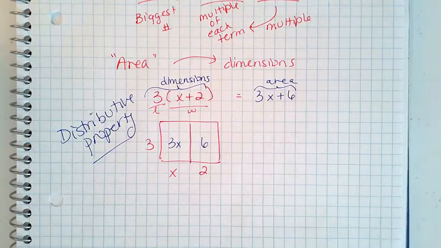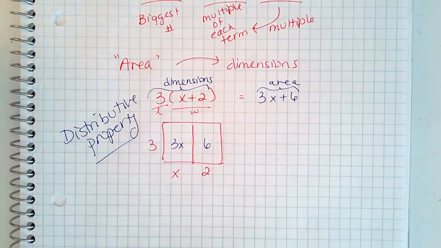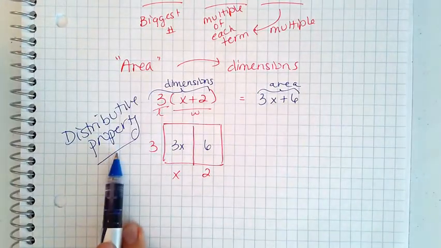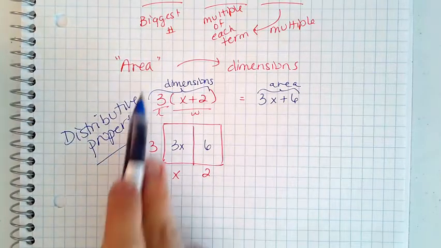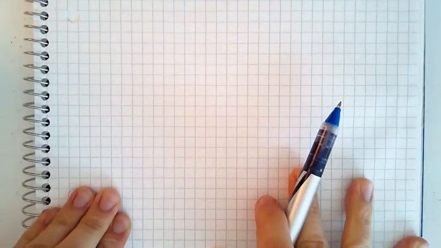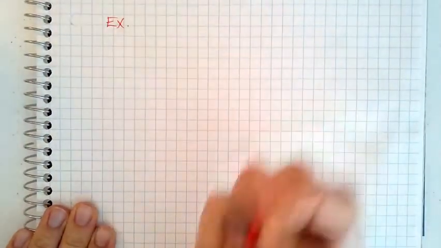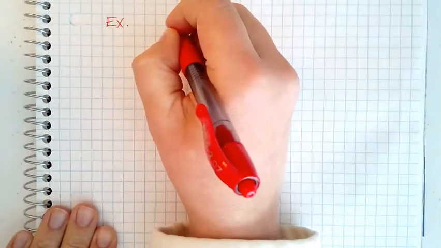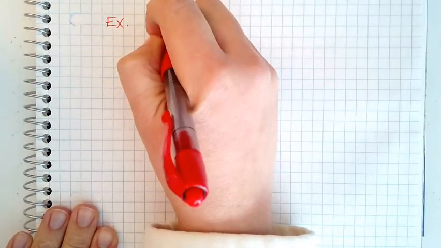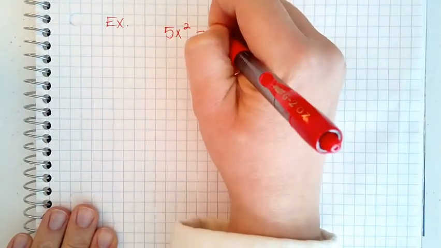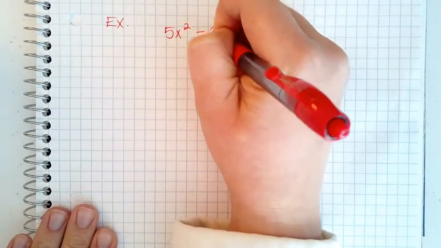But GCF is factoring, okay? So when we go from dimensions to area, it's distributive property. Now you're going to be given the area and you've got to go to the dimensions. So what did we do? Well, we looked at a problem like, let's see, 5x squared minus 30x.